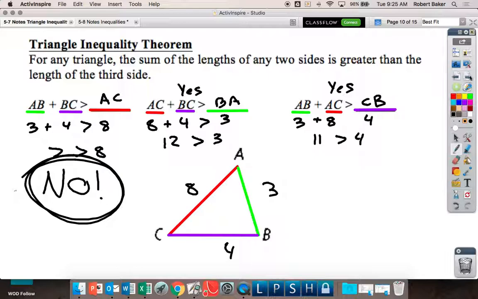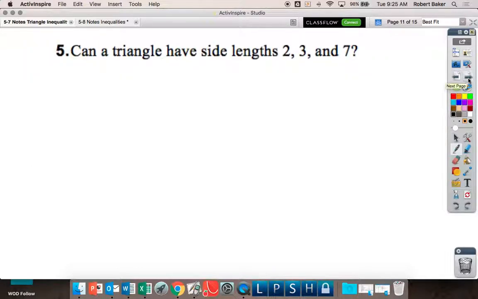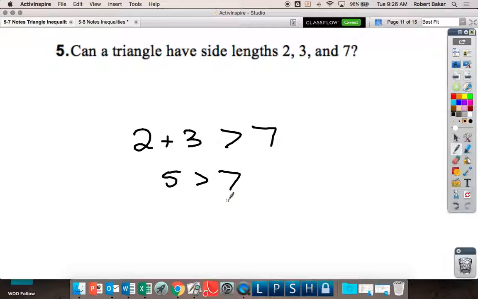So here is your test question. Does this triangle exist? What are your 2 smalls? Is 2 plus 3 bigger than 7? Yes or no? No. The triangle does not exist. That's not bad, right? 2 smalls have to be bigger than a large.